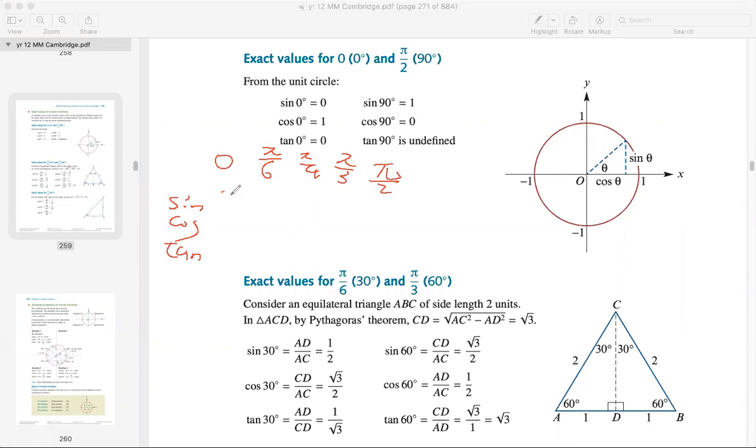So it's going to be 0, half, square root 2 over 2, square root 3 over 2, just 1. And the cos is just reversed, and tangent is just the top divided by the middle, which gives this. Okay, so this one does not exist.